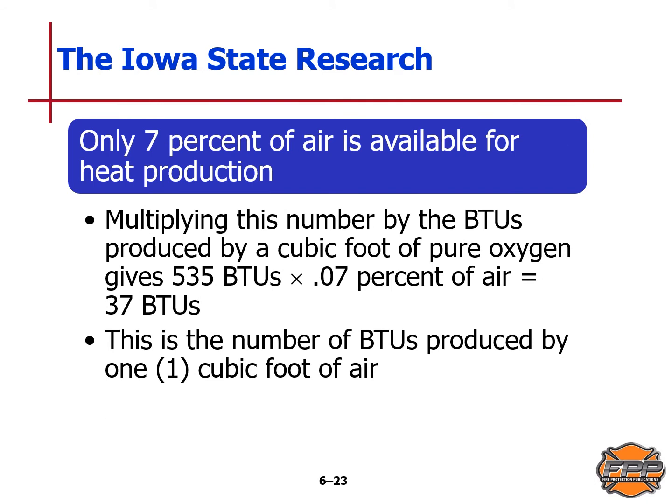Only 7% of air is available for heat production. Then multiplying this number by the BTUs produced by a cubic foot of pure oxygen, 535 BTUs, times 0.07 of air, gives 37 BTUs. This is the number of BTUs produced by 1 cubic foot of air.